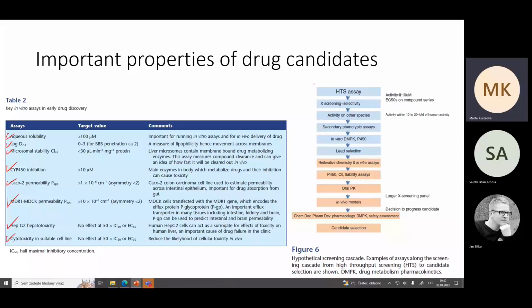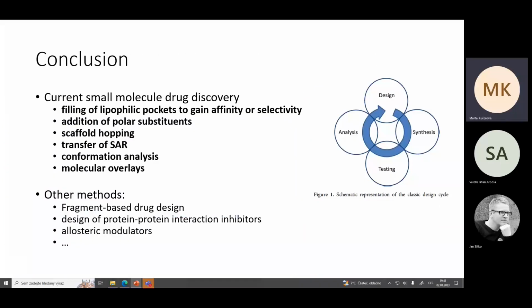So in the right figure, you can see the cascade, how the parameters are taken into consideration during the development of the lead compound, then into a candidate compound.